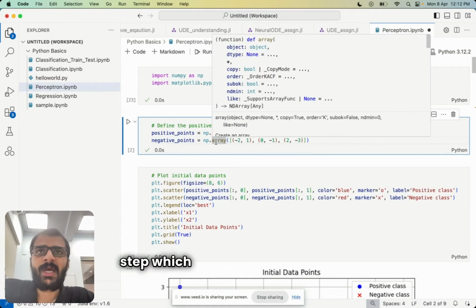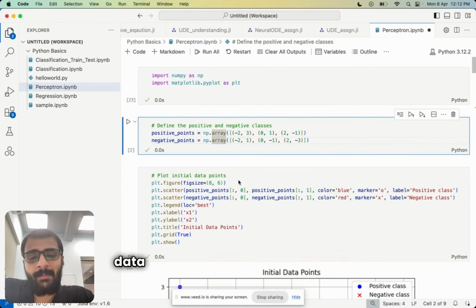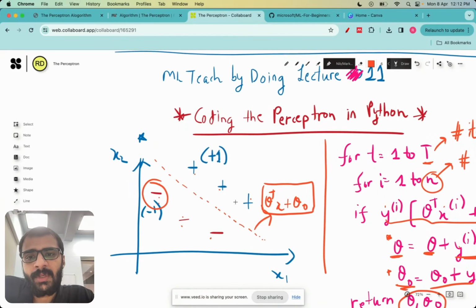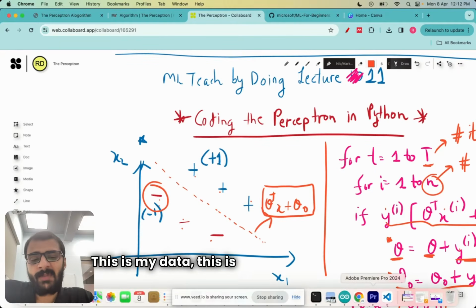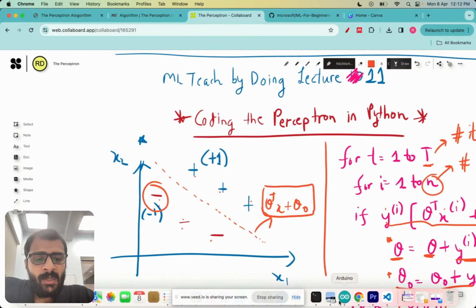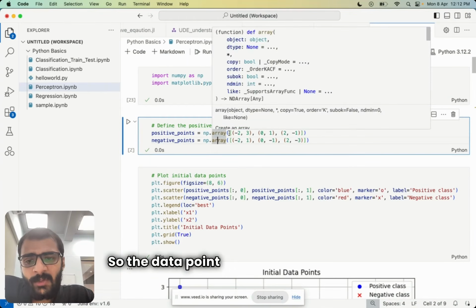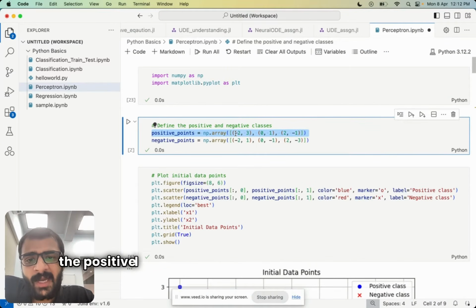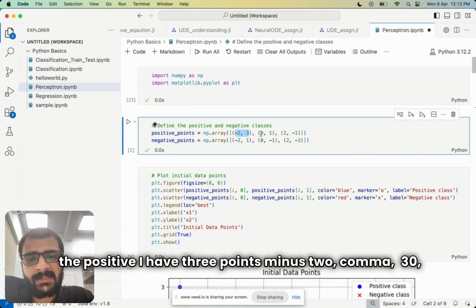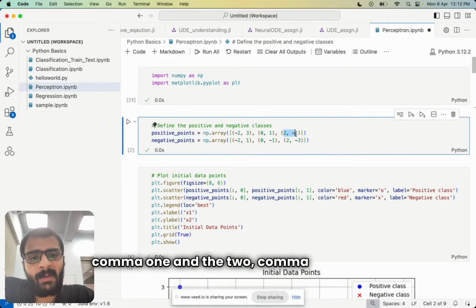The next step which I need to do is import the data points which I showed over here. This is my data. This is my ground truth data. So the data point which I have is this. For the positive, I have 3 points: (-2, 3), (0, 1), and (2, -1).